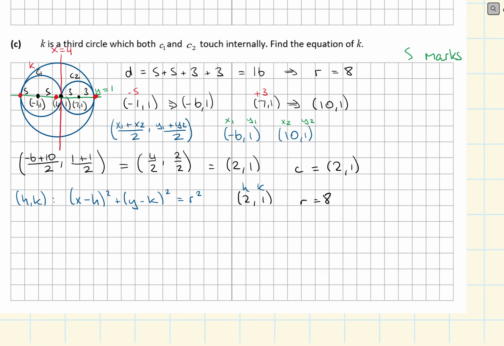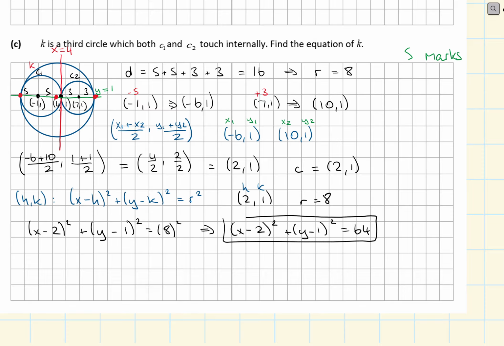So there's h and k. We get (x minus 2) squared plus (y minus 1) squared is equal to r squared. And just tidy up your radius. And there's our answer in the h, k form.